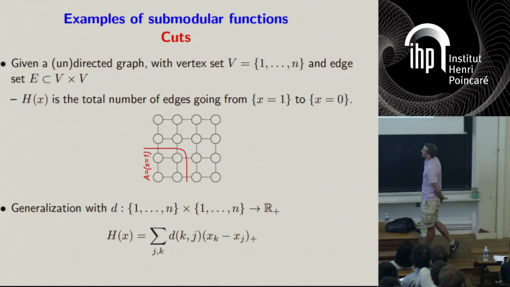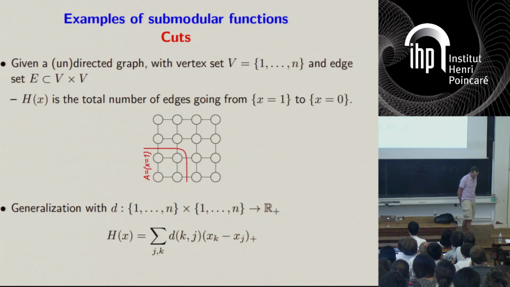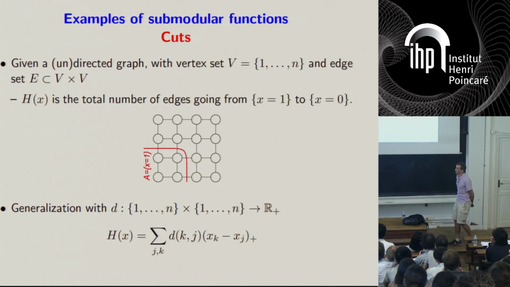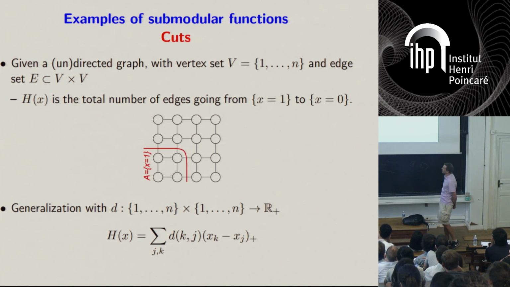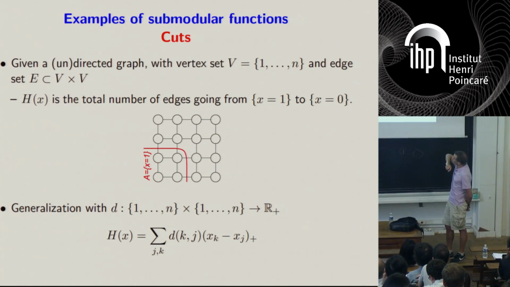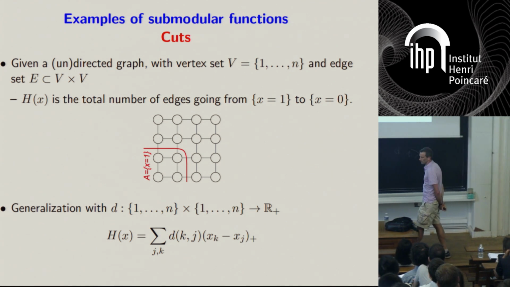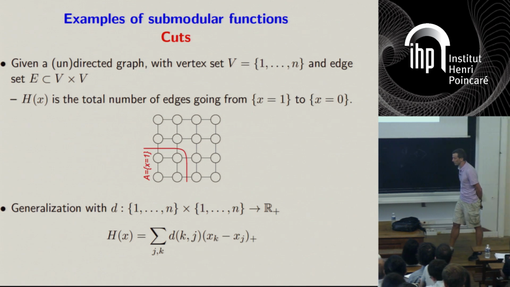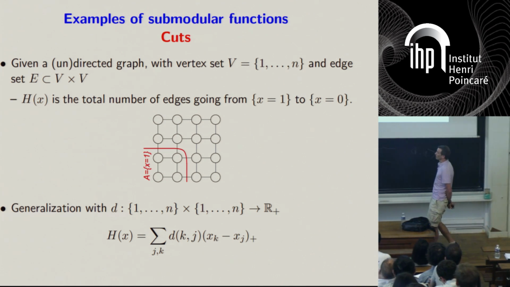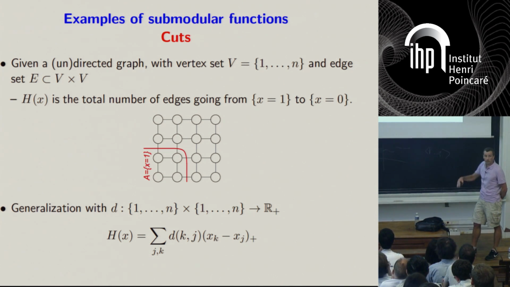Second example is a cut. This is the one that we use to do image segmentation. You have a graph which could be directed or undirected, and you select x. You look at all the edges going from the set indexed by x to the others, and this is cutting some edges, and the cut is simply the number of edges which are cut, and this can be generalized to weighted graphs.